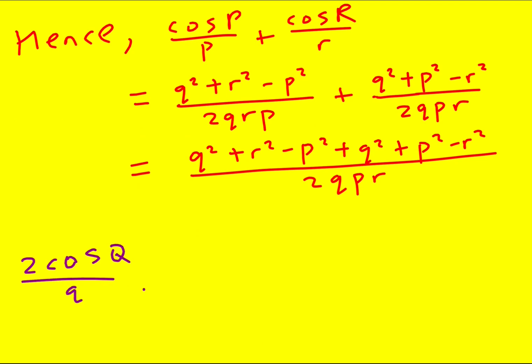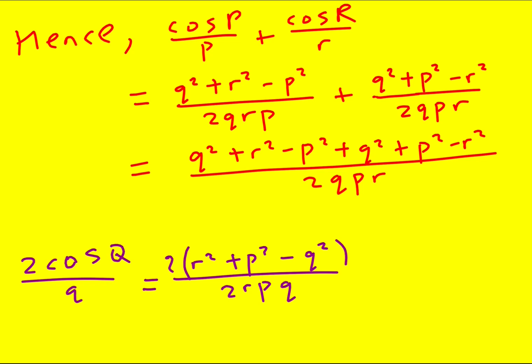So this is going to equal r squared plus 2 lots of r squared plus p squared minus q squared all over 2rp, but then I'm also divided by q.